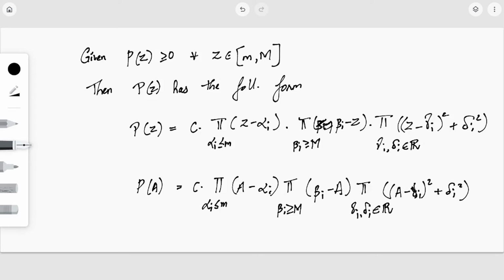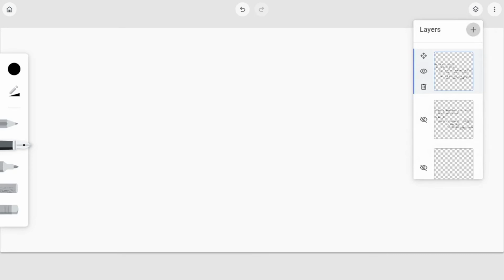Now we are given that small m into I is less than or equal to a less than or equal to capital M into I, right? So from this, what do I get?